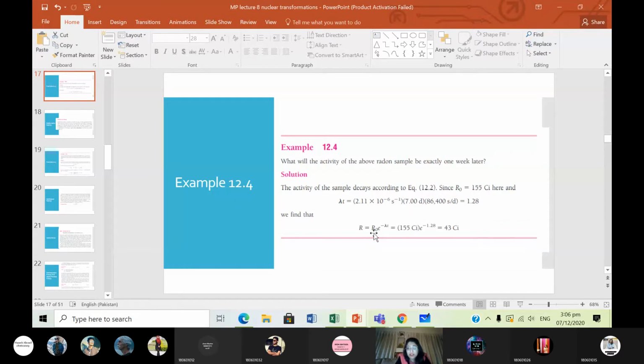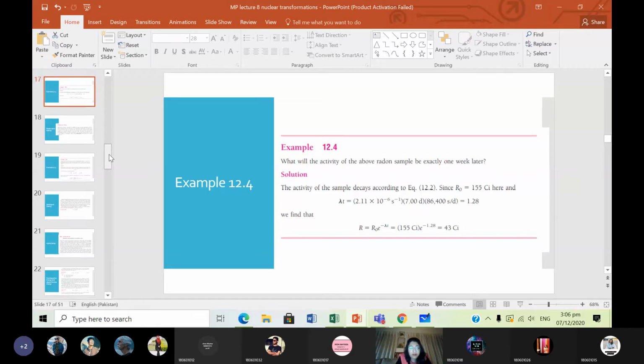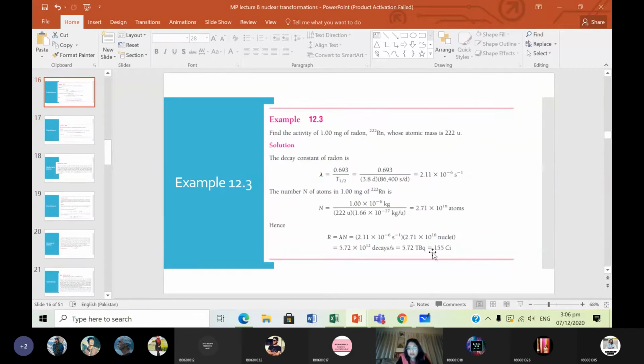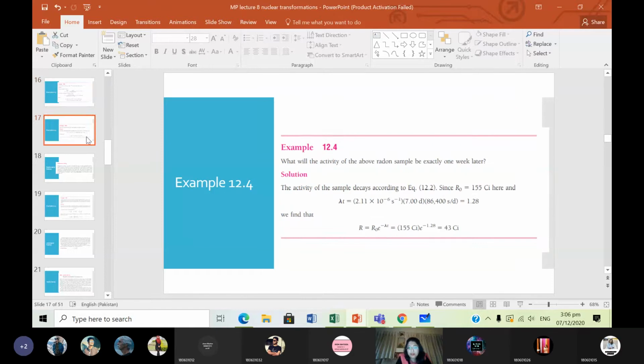The activity R is equal to R naught e to the power minus lambda T, where R naught, which is the activity at the beginning, which we just found in the previous slide, is equal to 155 curies. So if we want to write in terms of curies, R naught is the activity at the beginning of this 1 week. So we put that value in here.